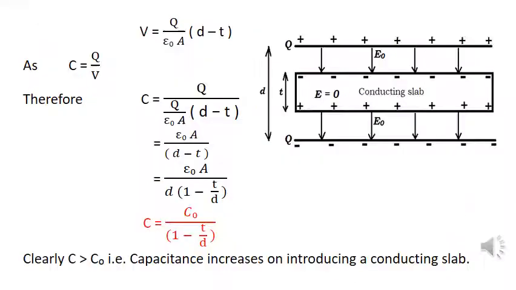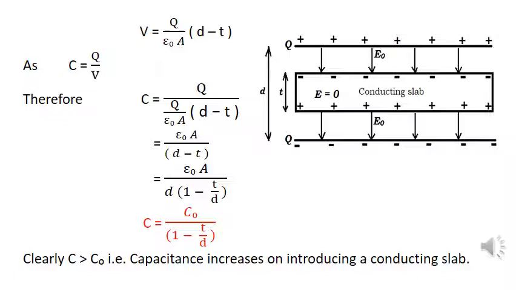In the last expression, we can put the value of sigma, which is Q by A. So we get potential V is equal to Q by epsilon naught A into (d minus t). As we know that capacity of a capacitor is given by C is equal to Q by V. Therefore, by putting the value of V, we get the final expression after solving: C is equal to C naught upon (1 minus t by d).